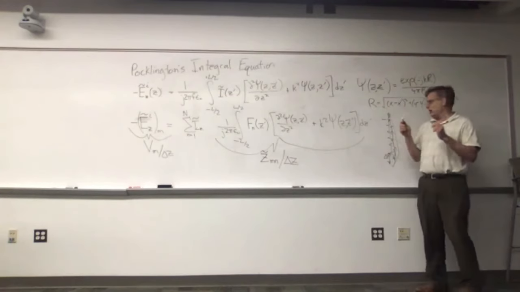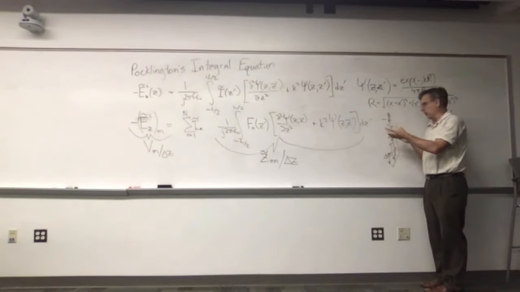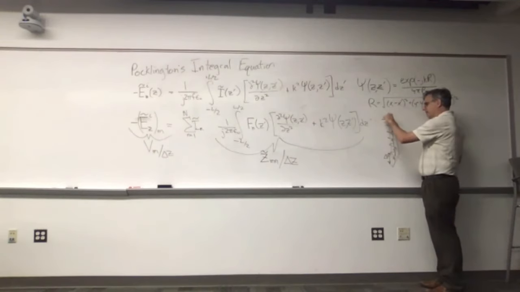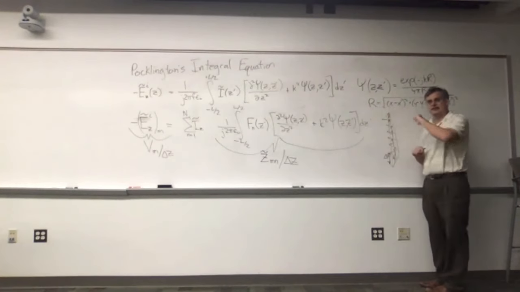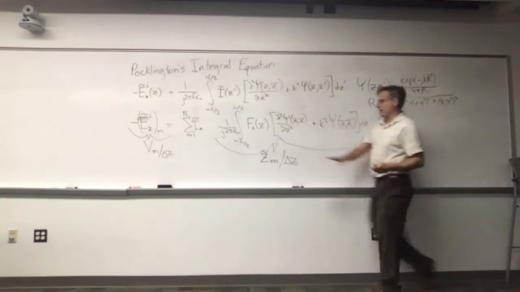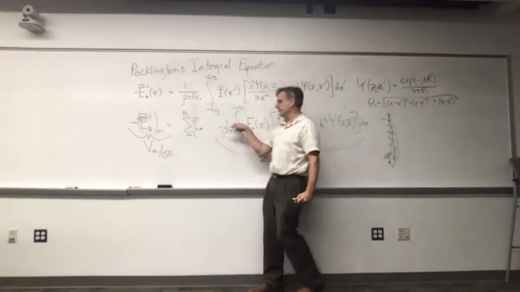So what I'm saying is that there's a system of equations when I sample the problem that says E sub M, let's say E sub 1, is related via this complicated expression to the first, second, third, fourth, fifth, sixth, and seventh current distribution. And I'm picking up those contributions when I step through from 1 to 7 in this expression.